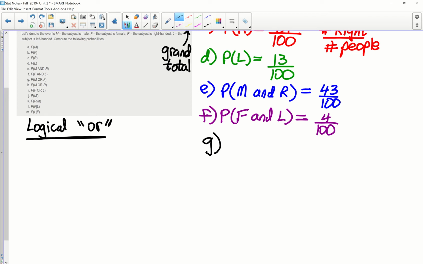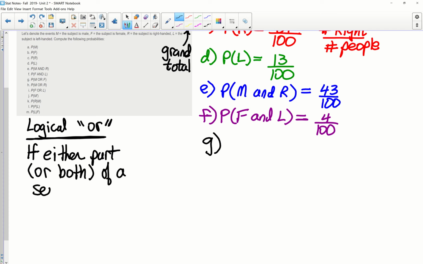So if either part is true, and I'll be very clear about this, or both, of a sentence containing "or", specifically, I don't want to have to write that, so I'm just going to circle it here.